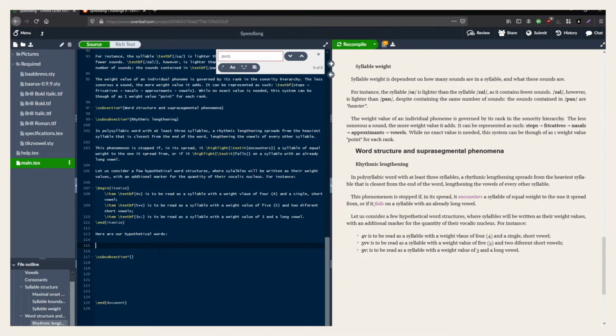Alright, that's perfect. So let's devise some hypothetical words without actually thinking about what I'm doing. I'm going to put every syllable in parentheses, actually no, I'm going to put dots. Much better.